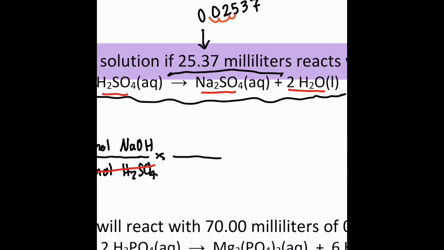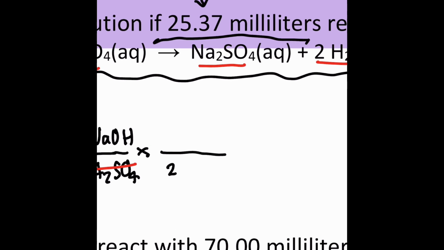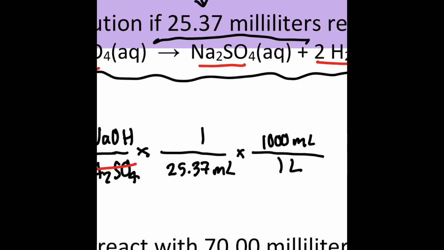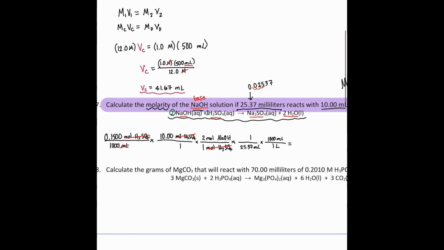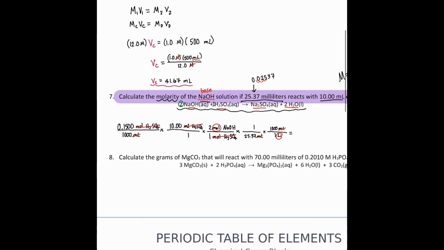Or you could do it in 2 steps: 25.37 milliliters over 1, but molarity is always in moles per volume, so every 1,000 milliliters is 1 liter. It's up to you. Then you plug and chug all of these values, the milliliters cancel, and we'll be left in moles per liter, which is a molarity, or concentration, value. So let's go ahead and plug and chug.